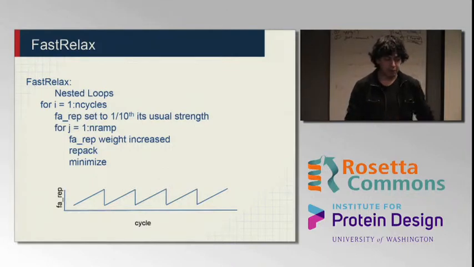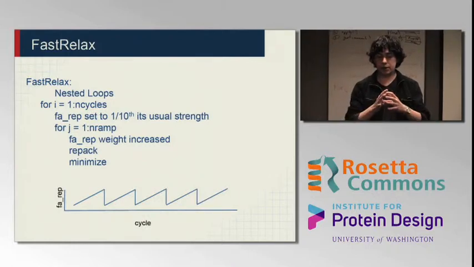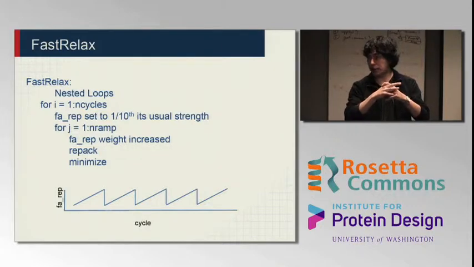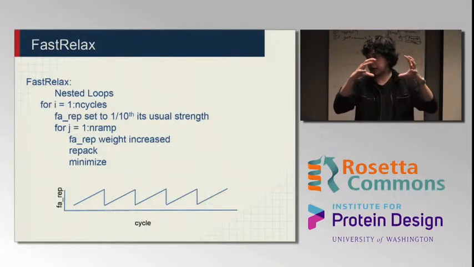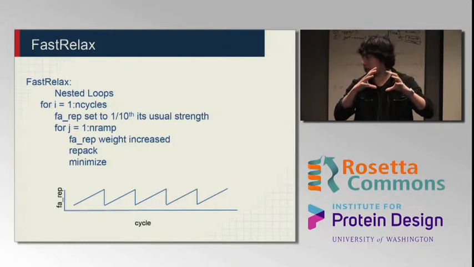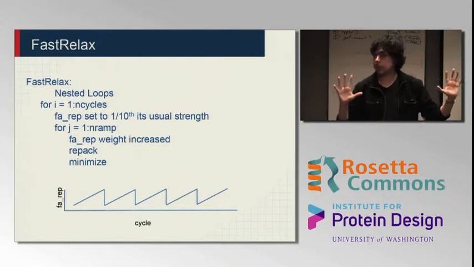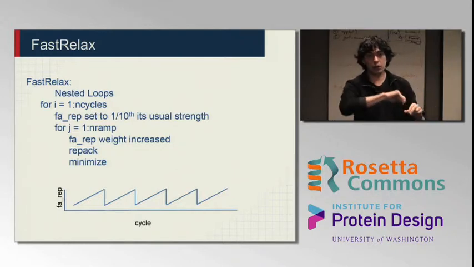So essentially what FastRelax does is that it ramps the repulsion of the atoms, right? People understand this as if you were making all the atoms in your protein smaller at the beginning, and then you were growing, inflating them until they reach the real size. That's a physical way to imagine FastRelax, right? And you go in cycles of this.